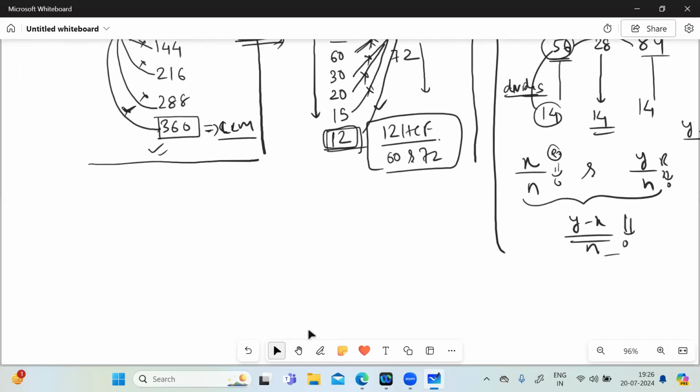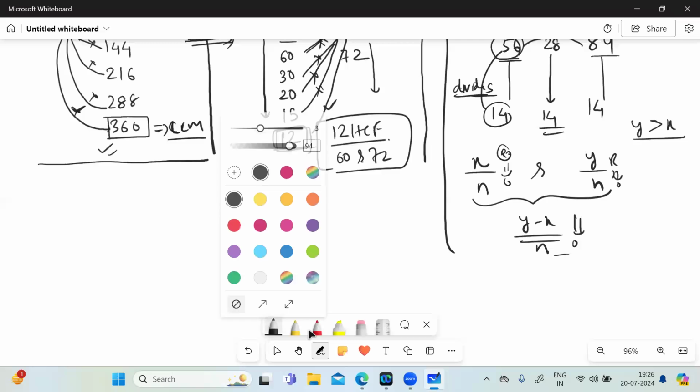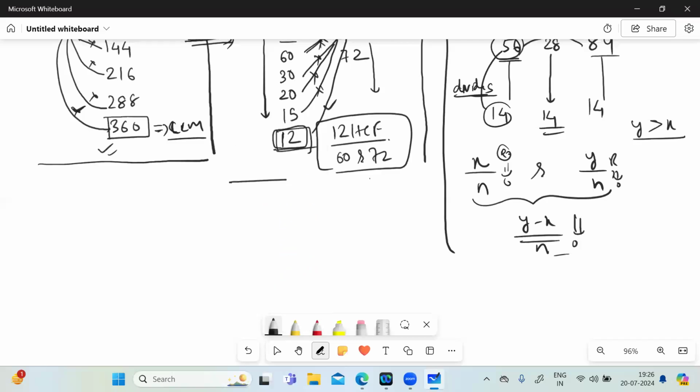So we were to calculate the HCF of 60 and 72. Let's say there is a number which exists and which divides both other than 1. I had already told you that if there is no other common factor than 1, then 1 will be the highest common factor.